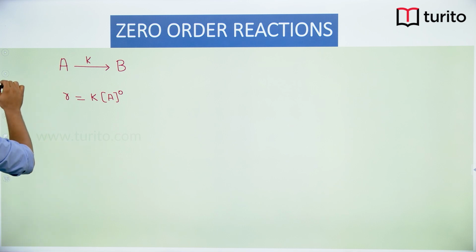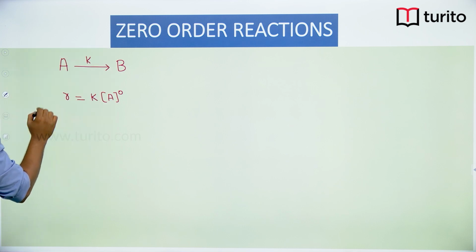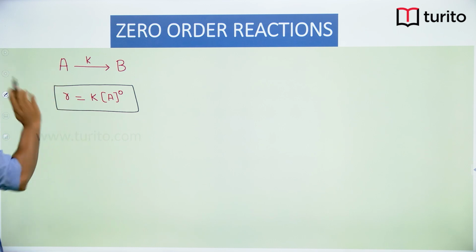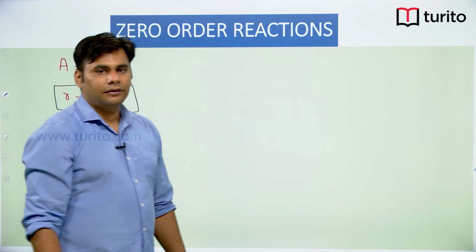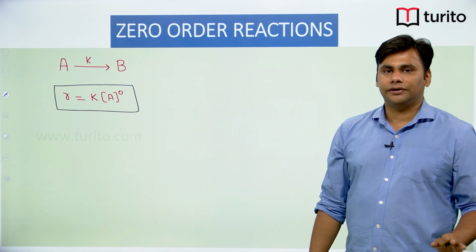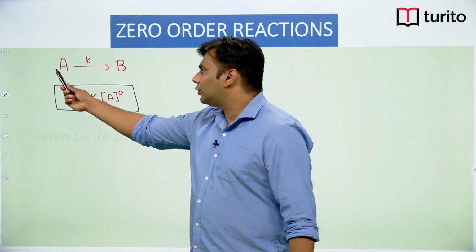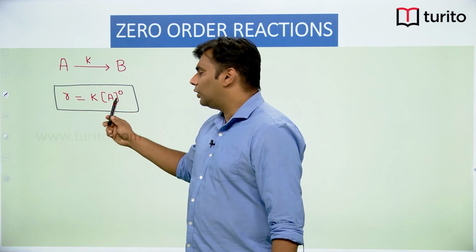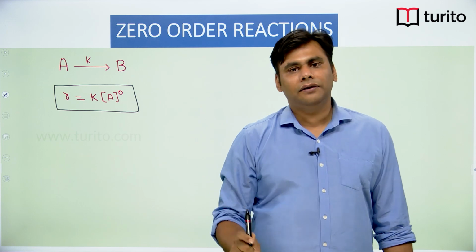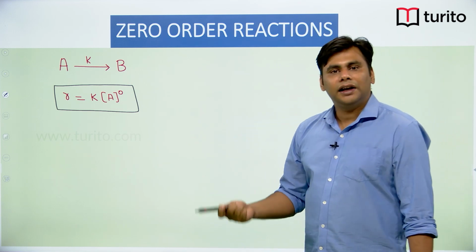Okay, now one important question that I want to ask over here is, looking at this reaction, can we say that this reaction is an elementary reaction? No, we cannot say that this reaction is an elementary reaction because we know that its stoichiometry is 1 but its order is 0. Okay, whenever order and stoichiometry are same, then we can say that it is an elementary reaction.